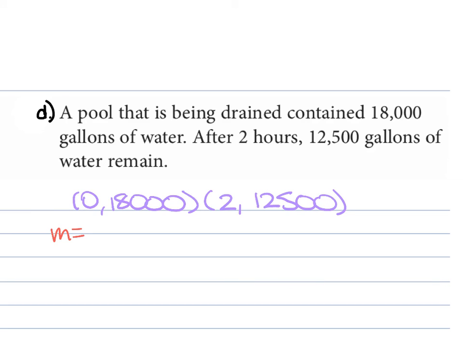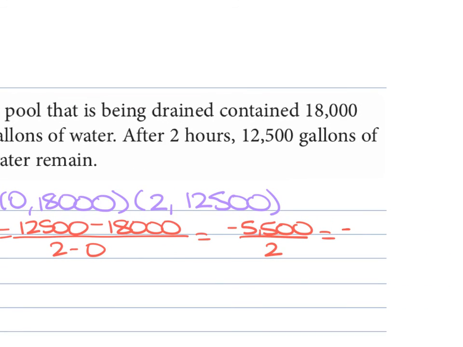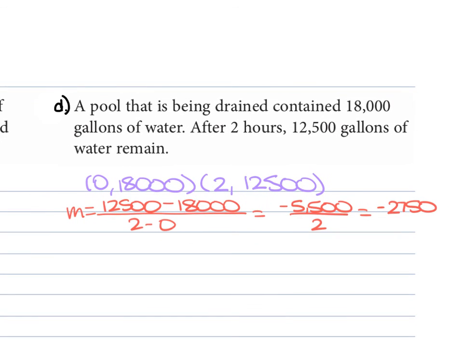We're going to do 12,500 minus 18,000 all over 2 minus 0. The 12,500 minus 18,000 is negative 5,500. And then we're going to have 2 in our denominator. We divide those 2, and that gives us negative 2,750 for our slope.